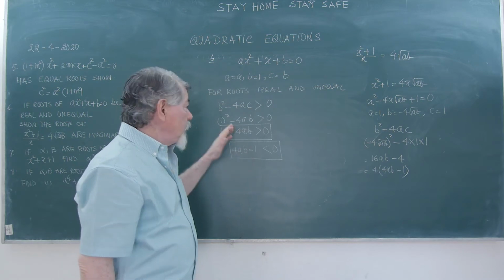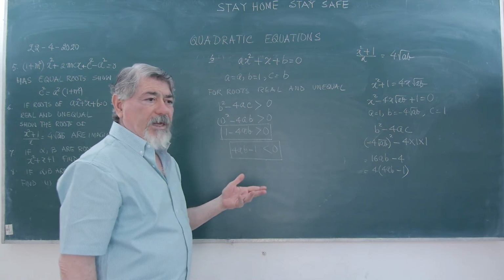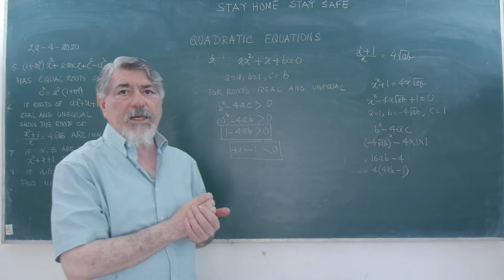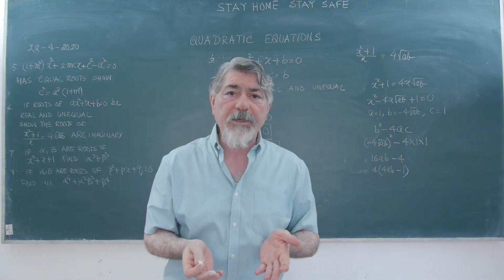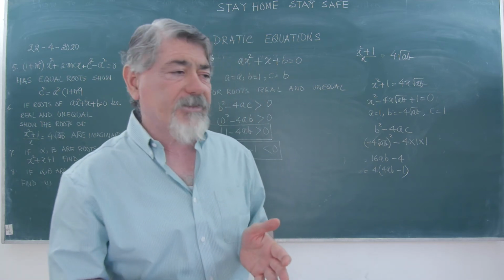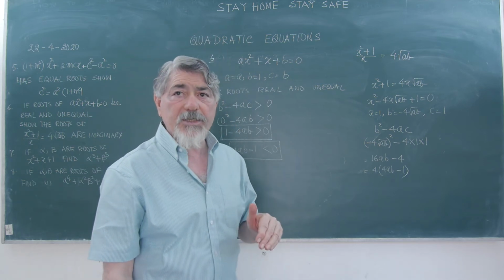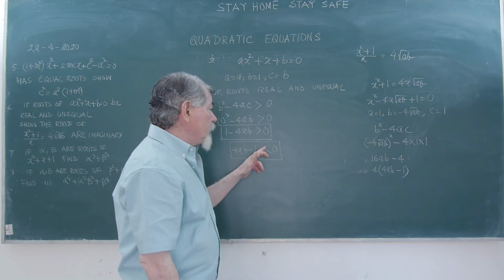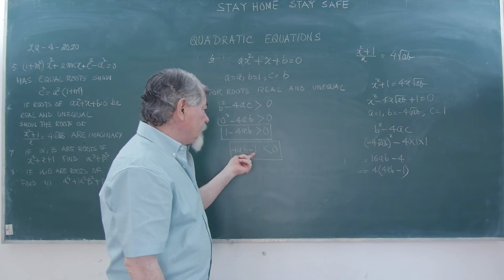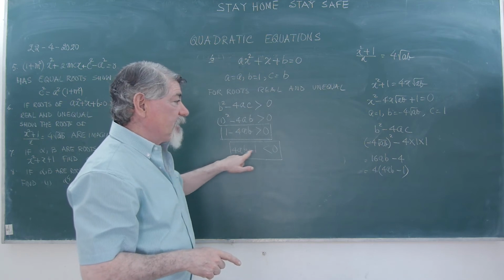When we multiply both sides of the inequality with a negative sign, the sign of inequality reverses itself. If it is greater than 0, then it becomes less than 0. So 4ab minus 1 will be negative, less than 0.